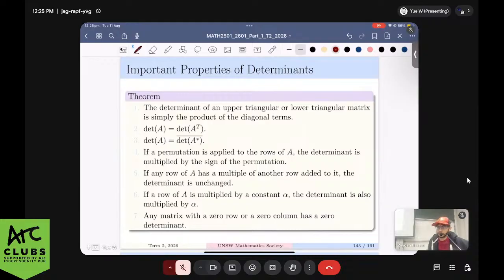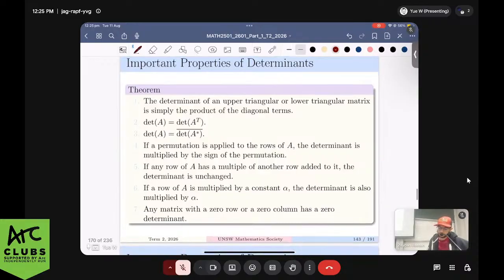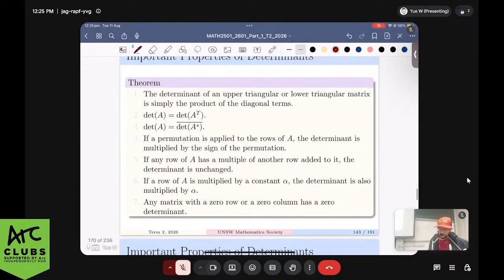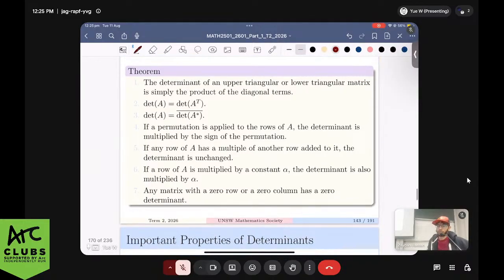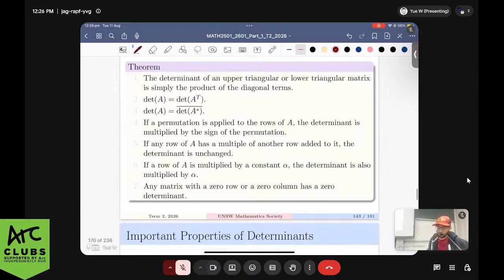Switch two columns, the determinant negates, etc. Yeah, so the row replacement, the main row operation you use in Gaussian elimination, for example, doesn't change the determinant. And if you multiply a row by alpha, then the determinant scales by alpha. Similarly for columns.